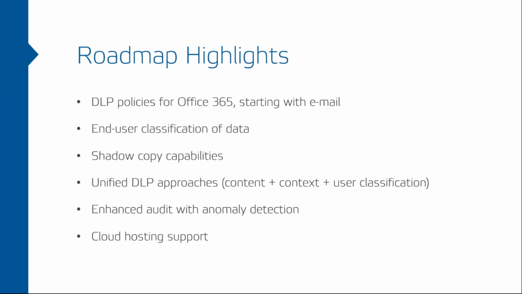You will see the first implementation, which will introduce DLP policies for email. So as we had in version 9.1 auditing for email in Office 365, you will be able to also protect email using Safetica in Office 365. And based on that, we will then extend the protection to other areas, such as protecting SharePoint, protecting perhaps Teams, or any other parts of the Office 365 environment.